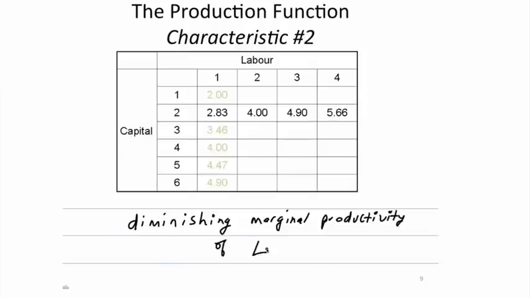And I'll use capital L now for labour. And this production table illustrates it, and I'll leave it to you to work through. What I've done in this table is I'm holding capital constant at 2 units of capital, and then I'm varying labour from 1 to 2 to 3 to 4, recording the amount of production each time. Check for yourself that this indeed is consistent with diminishing marginal productivity. We are getting more output from increasing labour, but the amount of extra output we're getting is diminishing.